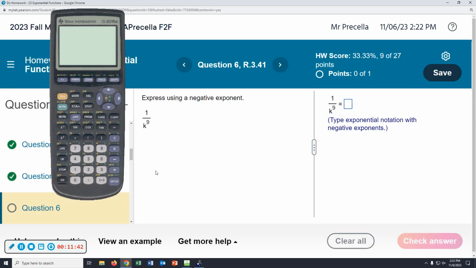Well, it can't stay this easy, can it? Well, it can for number 6. Number 6 is 1 over k to the 9th. If you're following what I'm doing, what color am I going to write that 1 over with here? Red. 1 over k to the 9th.